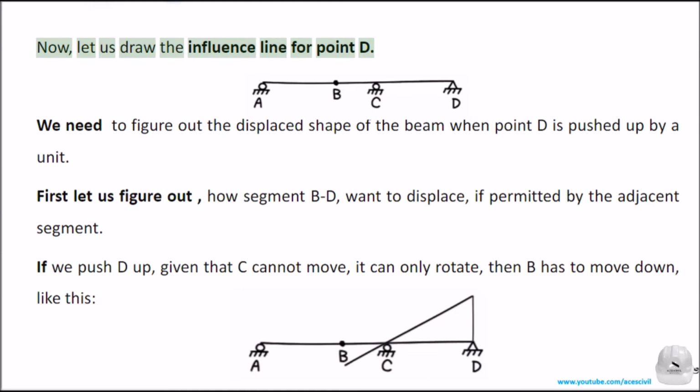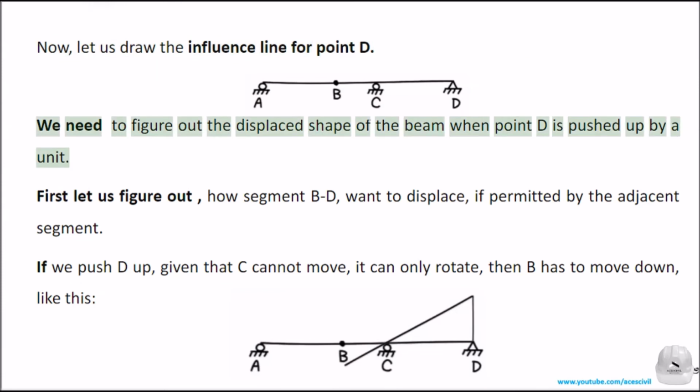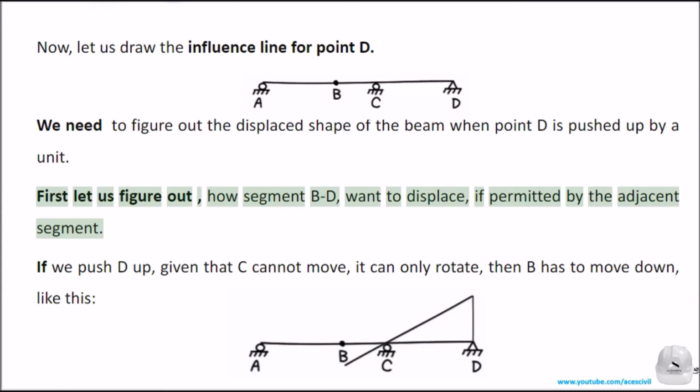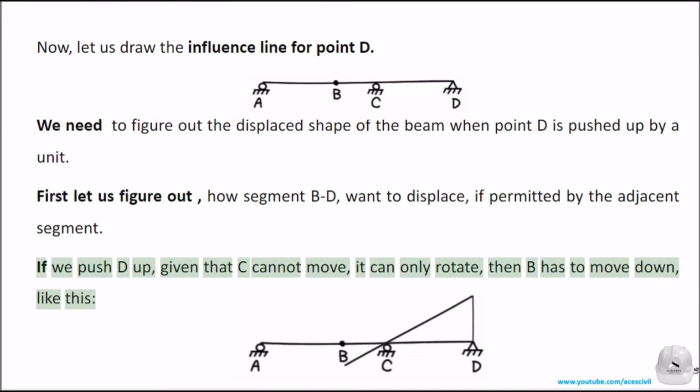Now, let us draw the influence line for point D. We need to figure out the displaced shape of the beam when point D is pushed up by a unit. First let us figure out how segment BD wants to displace, if permitted by the adjacent segment. If we push D up, given that C cannot move, it can only rotate, so B has to move down, like this.